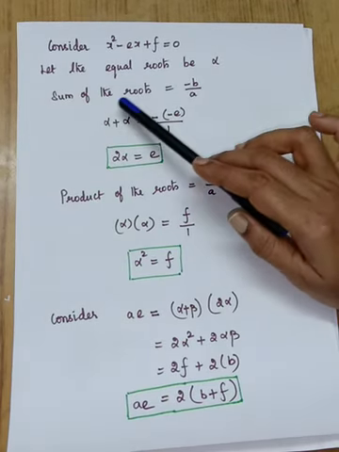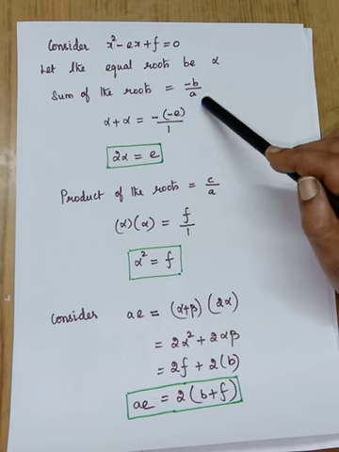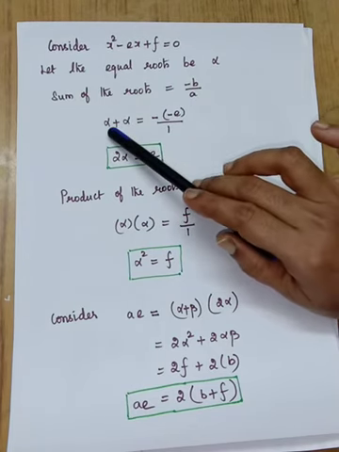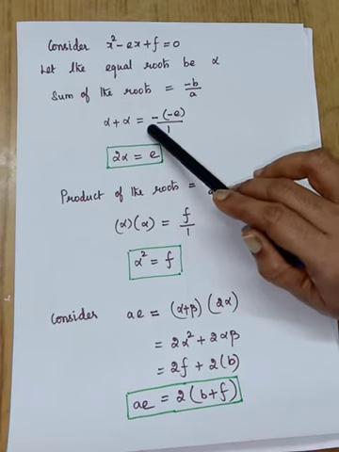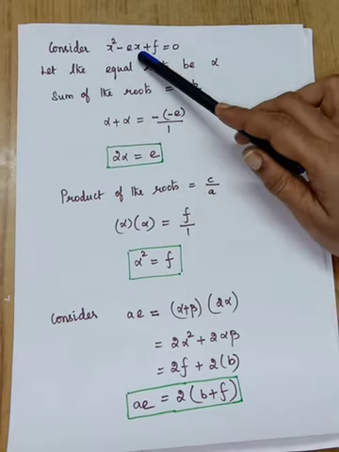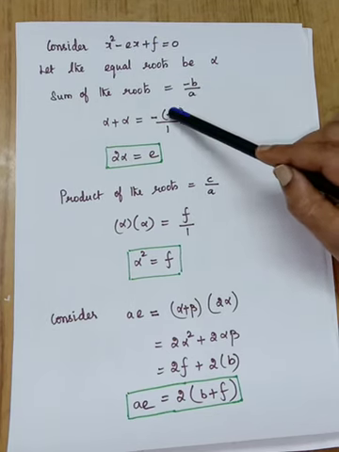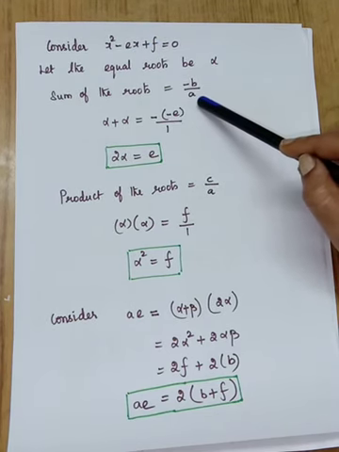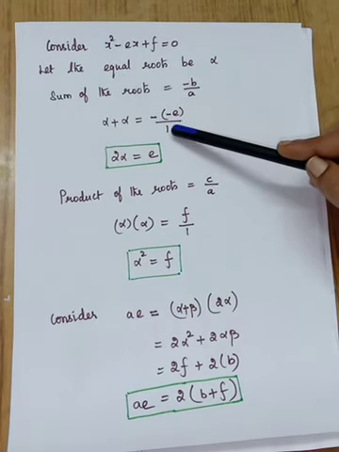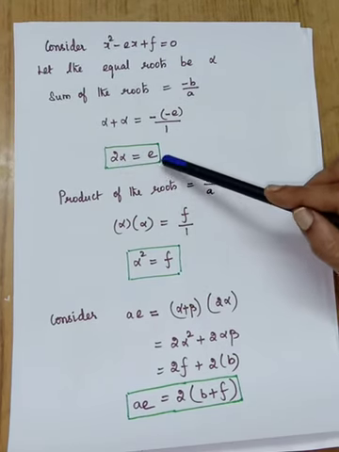Okay, so sum of the roots, the formula is minus b by a. Here the two roots are equal roots, so alpha plus alpha, that is equal to minus, what is your b? B is the coefficient of x. For this equation, it is minus e. Okay, divided by a. What is a? It's the coefficient of x squared. So here it is 1. So 2 alpha is equal to e.